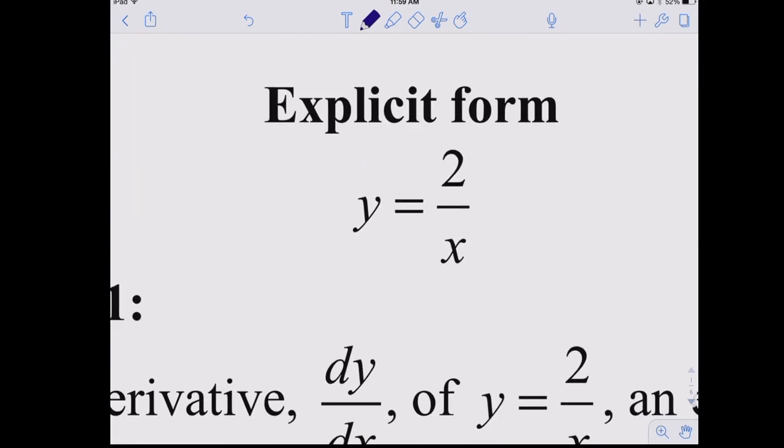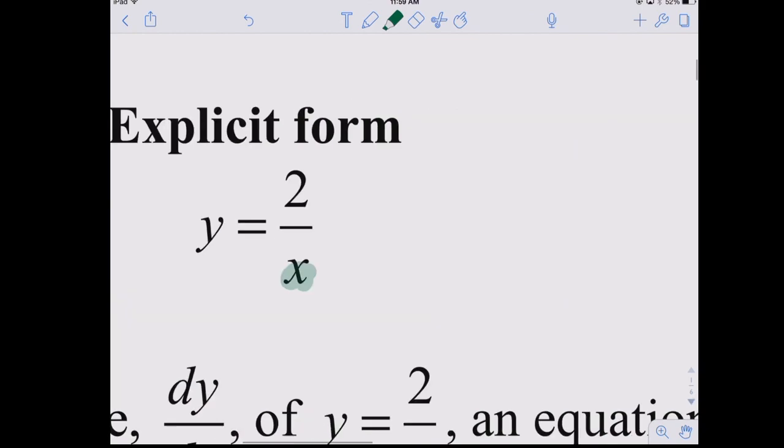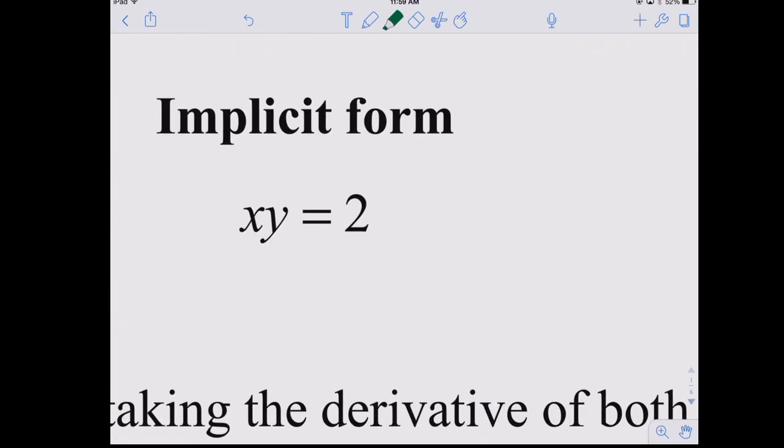Here's a nice way to kind of show it and compare the two. This is an equation that we could take the derivative of right now. This would be an equation in explicit form. It's solved for y explicitly, no ambiguity, as a function of x. If you simply take that x in the denominator and multiply both sides by x, you get an equivalent equation that is now not explicitly solved for y as a function of x.